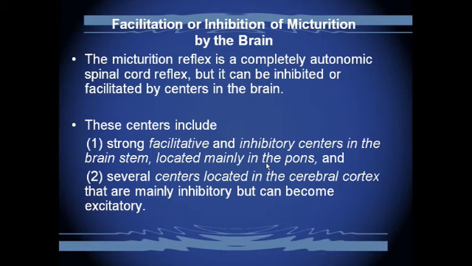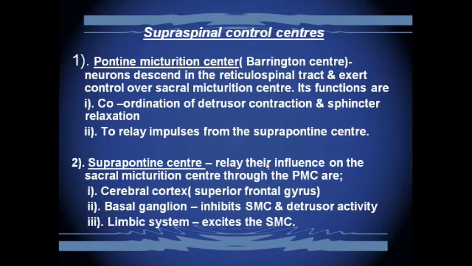The micturition reflex is an autonomic spinal cord reflex, but it can be inhibited or facilitated by centers in the brain also. Sometimes you can voluntarily pass urine, you can initiate micturition. These centers are mainly located in the pons and cerebral cortex. So there are supraspinal control centers, as I told, pontine and suprapontine, like in the cerebral cortex.